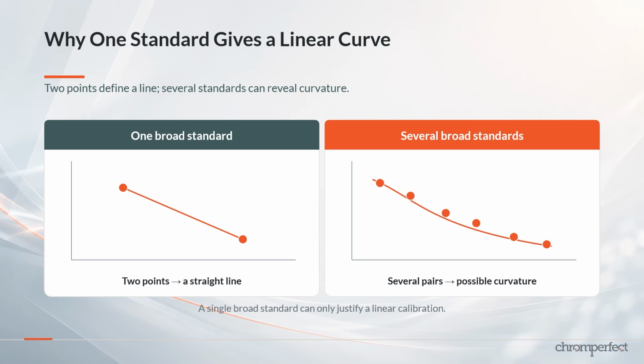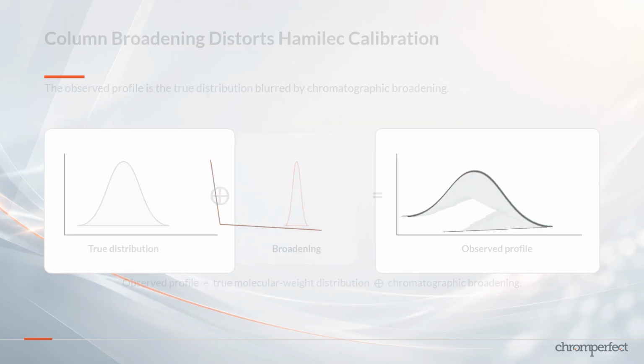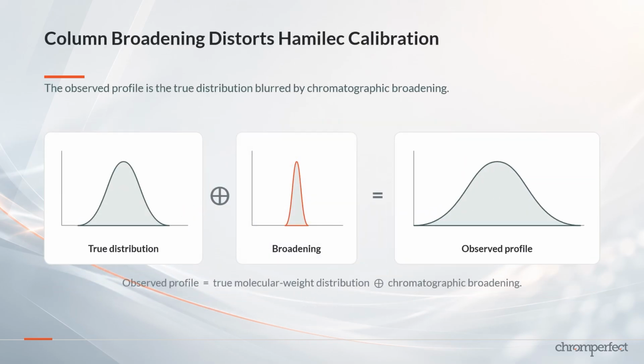However, it is affected by column broadening. Every SEC peak is broader than the distribution that would be observed in a perfect separation without diffusion, injection spreading, or extra column effects. For a broad standard, this additional broadening increases the apparent separation between the low and high molecular weight portions of the chromatogram.